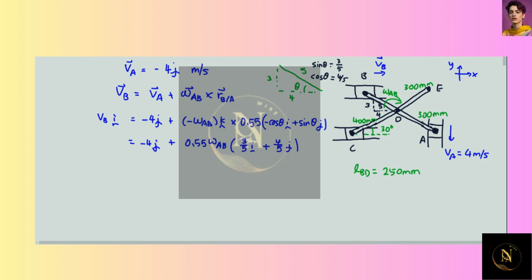So VB i is equal to 0.33 omega AB i plus 0.44 omega AB minus 4 j. We compare components.